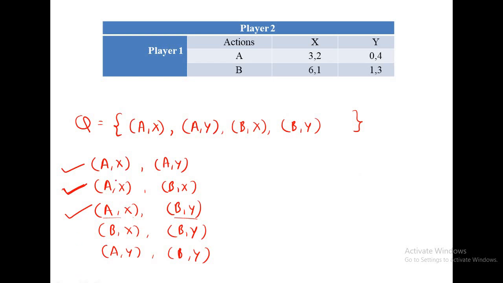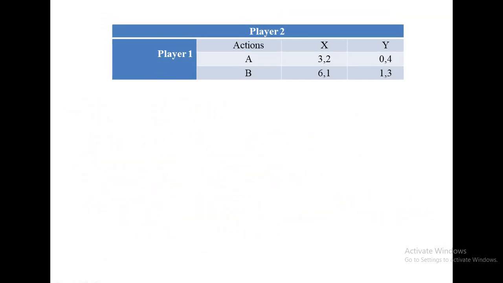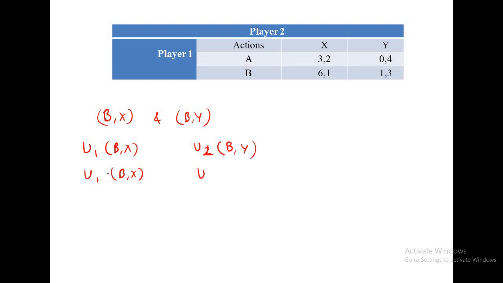Next we will check the pair BX and BY. Again we will calculate the utility for BX and BY for both players. U1 BX is 6 and U2 BX is 1, U1 BY is 1 and U2 BY is 3.